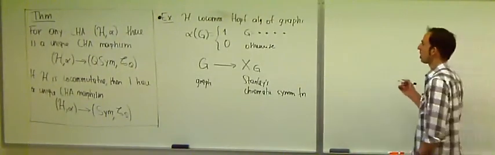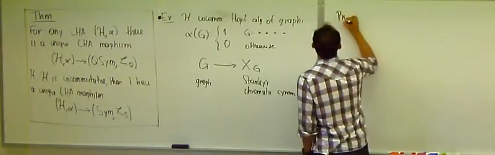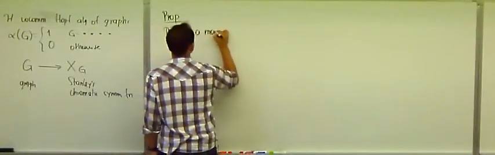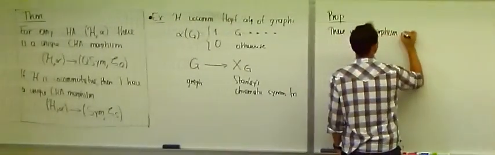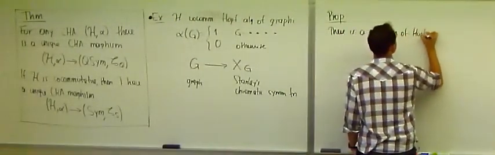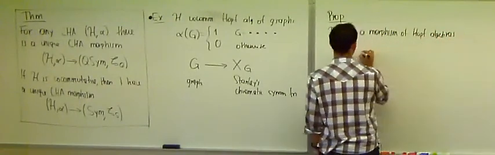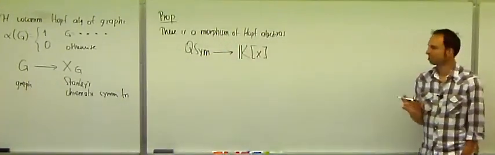So let me write down a proposition. And the proposition is the following. There is a morphism of Hopf algebras from QSYM to the Hopf algebra of polynomials in one variable.